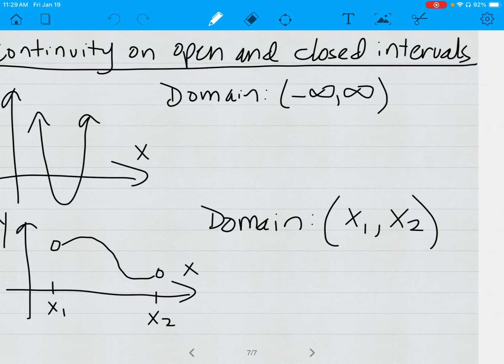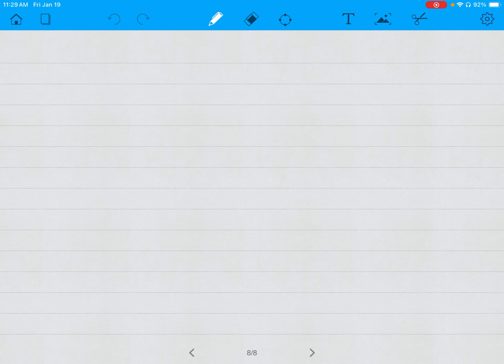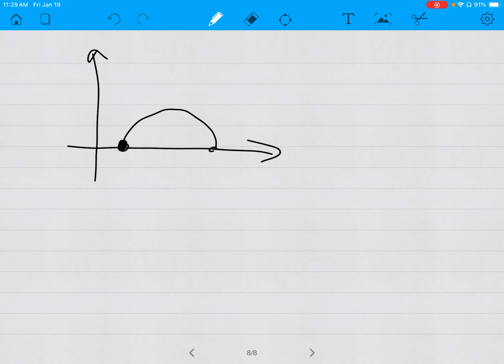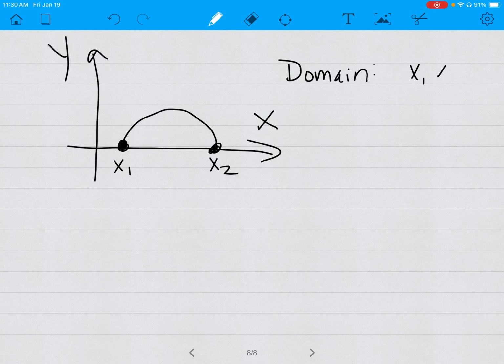Now, a closed interval, by contrast, if we had, say, one of those half circle functions, where the endpoints of the half circle are filled in. Okay, and we've got those two x values, whatever they happen to be. Well, the domain here, just like the previous function, is still x1 to x2, right?